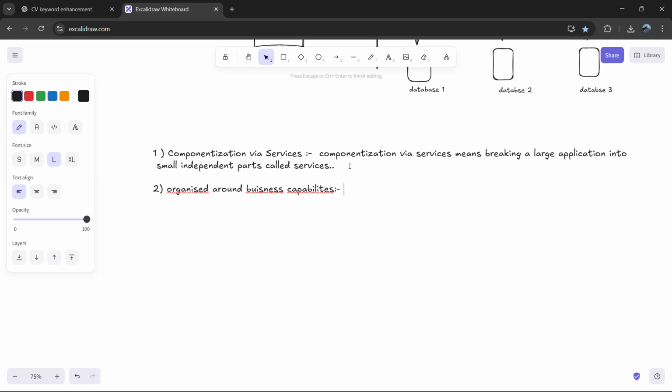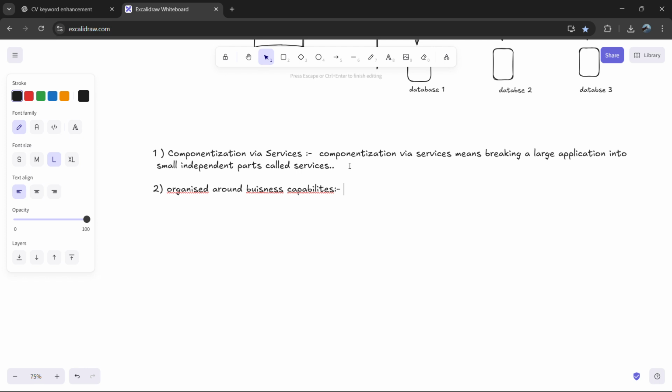For example, if the company wants to add a new capability like wallet payments, developers can simply create a new payment service. This principle reduces the gap between business and technical teams because both talk in the same language of capabilities. Organizing around business capabilities makes the system customer focused, business friendly, and easier to extend.